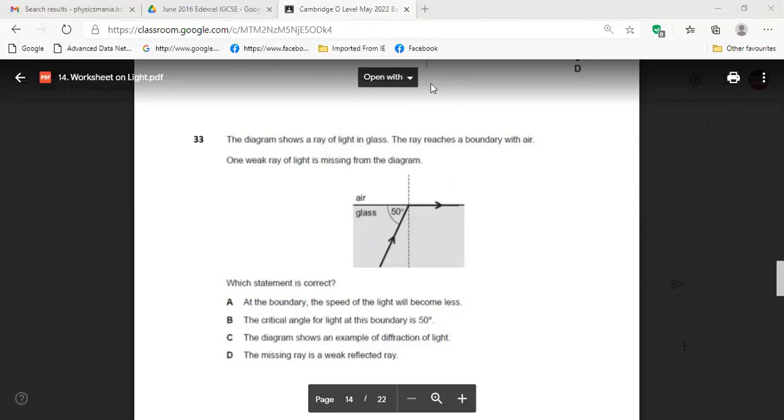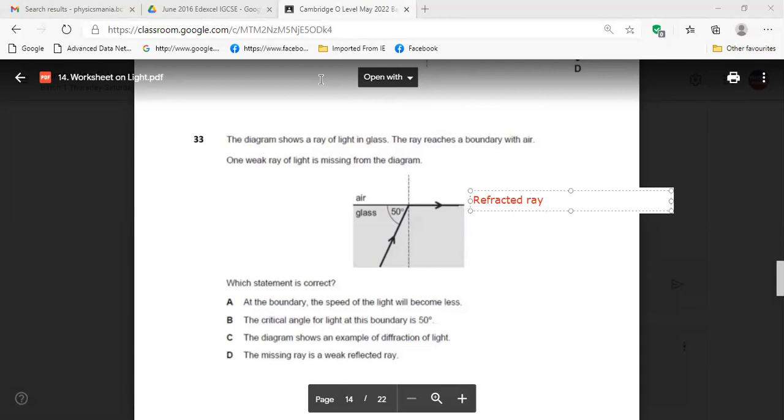Yes, sir, we had this. I'm showing you now so that you can remember it. We have this ray. So the answer is B. This ray is refracted ray. And other than this refracted ray, we have one weak reflected ray that is very weak.